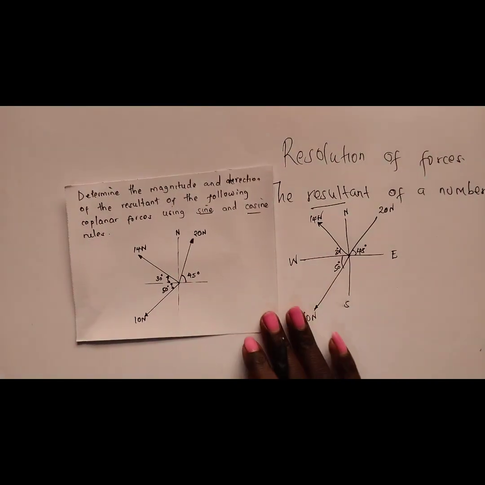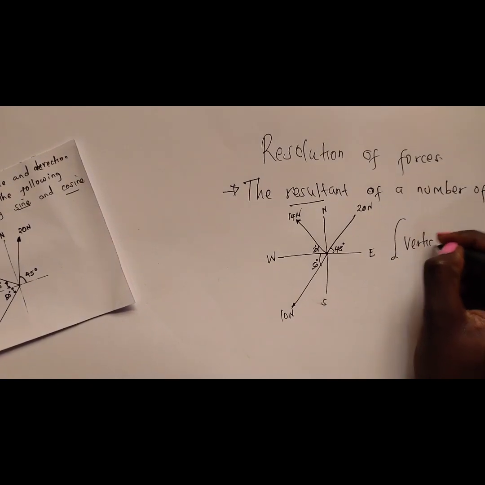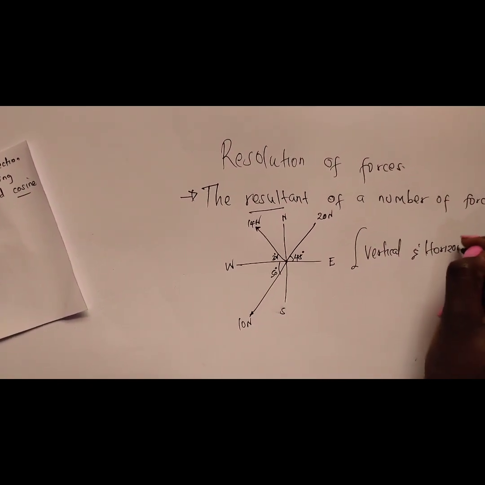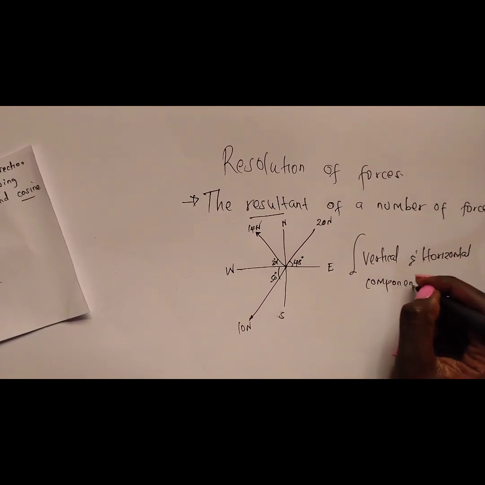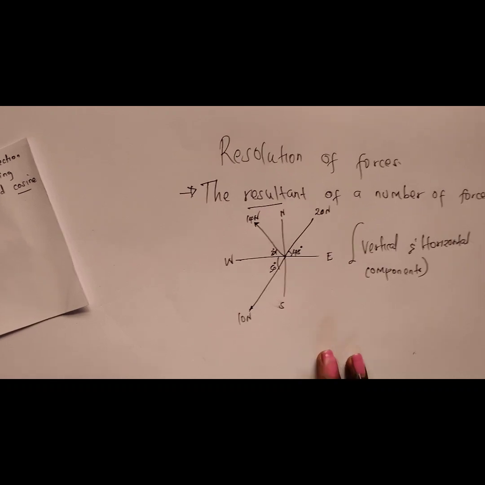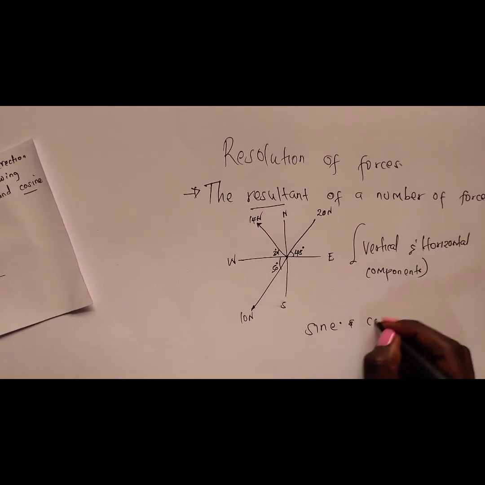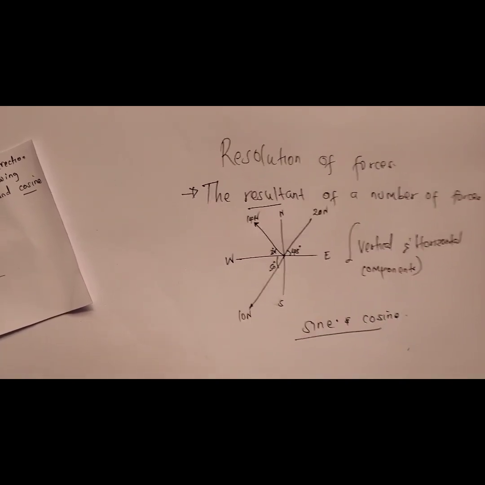Now we're going to resolve these forces into vertical and horizontal components, because our question tells us that we do it using the sine and cosine rule. So we're going to see how that comes about.